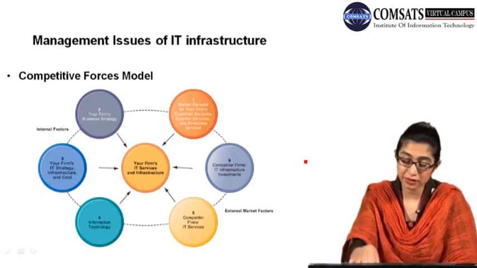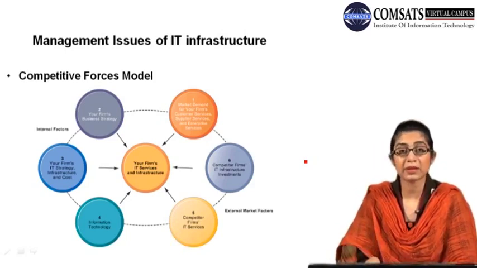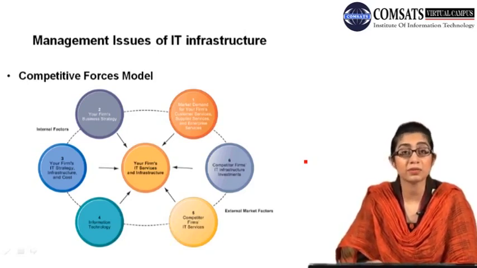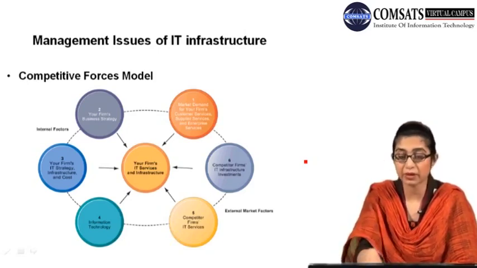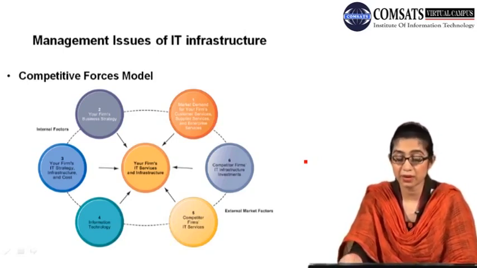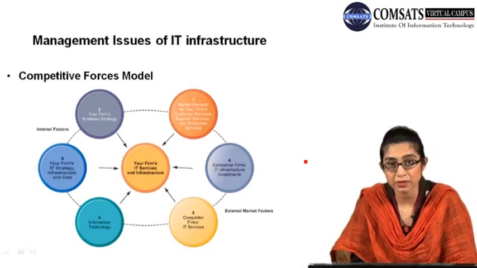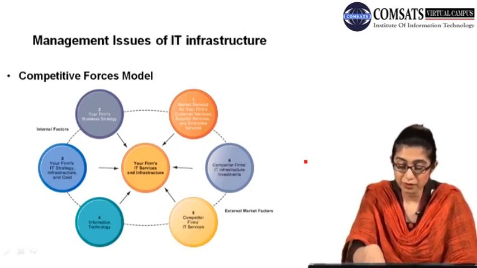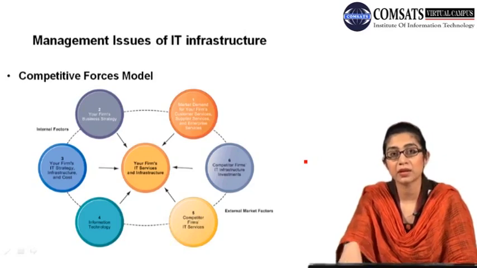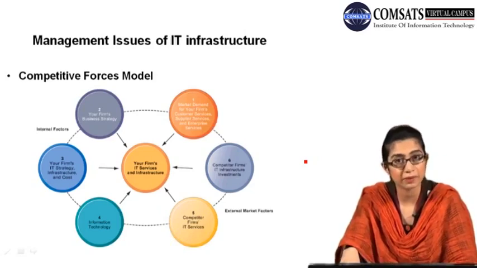That means you need to make a list of all the services that your organization is providing, whether the service is provided to the customers or the employees or the suppliers. So when you list all those services, you see whether these services are being provided in the best manner or not. Right?